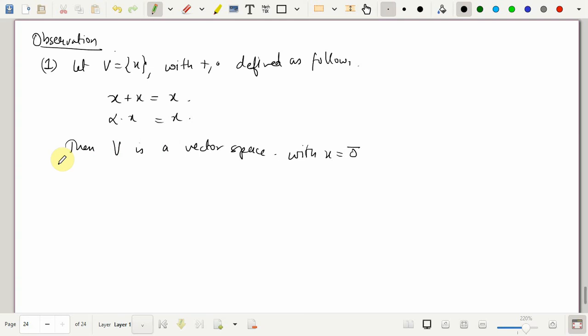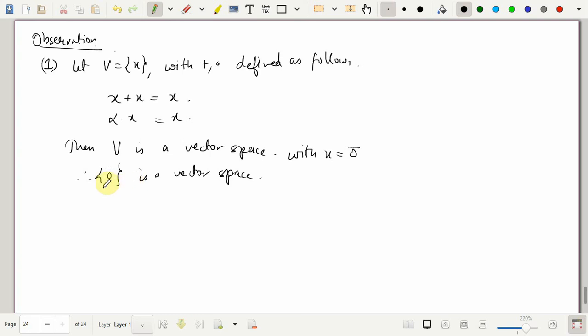Therefore we proved that a set with only 0 in it is a vector space. So if you are given any vector space V, the obvious way of forming a vector subspace of that V is to take one element in a set, and that is the zero element.